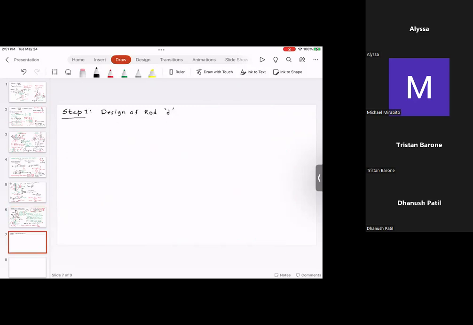So if you look at the way this rod is going to fail, this is the failure area, which is pi by 4 d square. I'm going to assume the rod fails in tension.